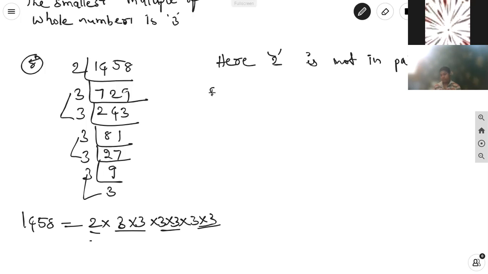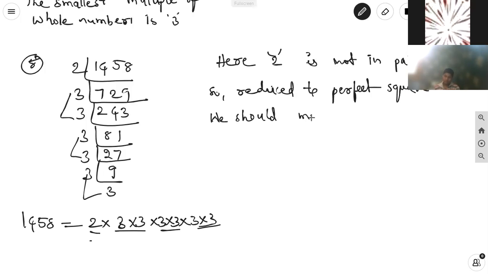So to reduce to a perfect square, we should multiply with 2 on both sides.